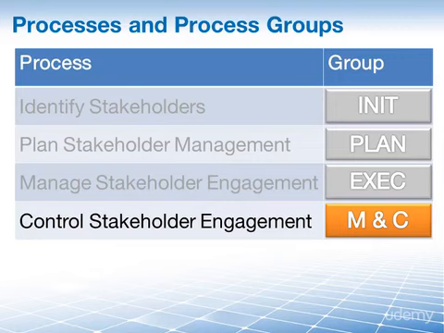Plan stakeholder management is obviously a planning process, manage stakeholder engagement is an executing process, and our focus right now, control stakeholder engagement, is monitoring and controlling. There's obviously nothing to close in the project stakeholder management knowledge area. Therefore, we don't have a fifth process that falls into closing. So we're only using the first four process groups.